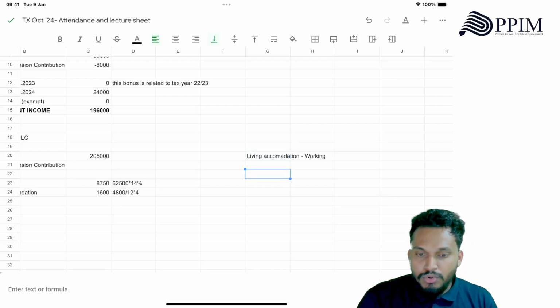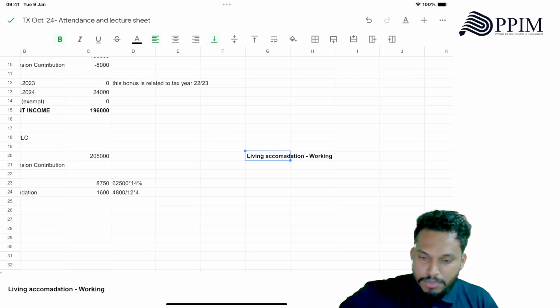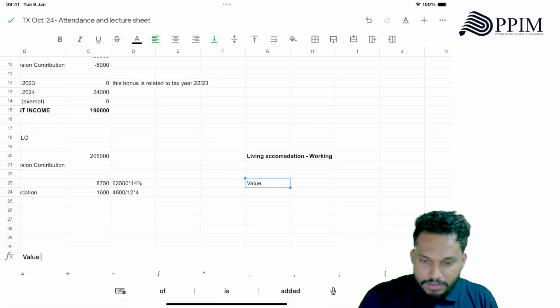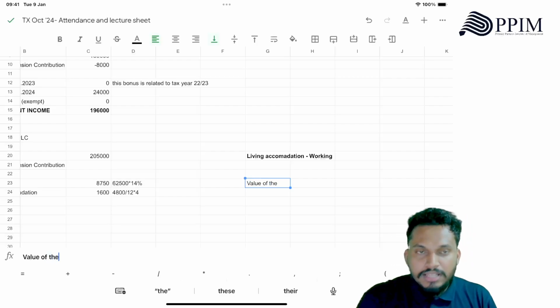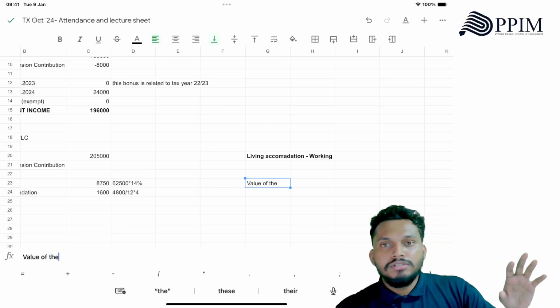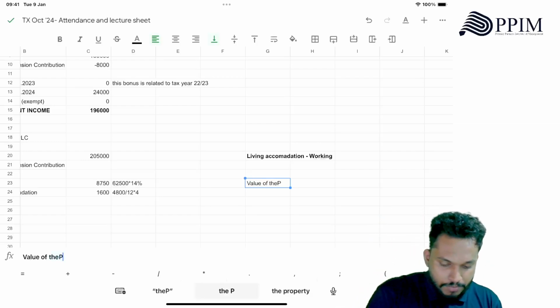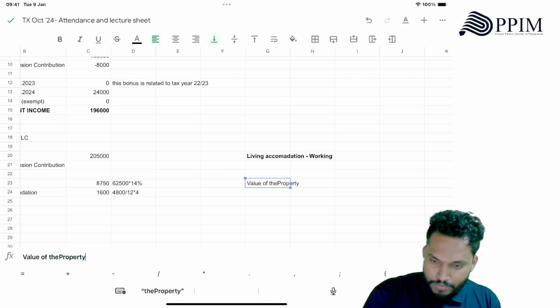Now you need to know your theoretical knowledge a bit. So what is the value of the property? The value of the property, do you need to take the market value or the cost? Market value. So value of the property, you need to take what value?